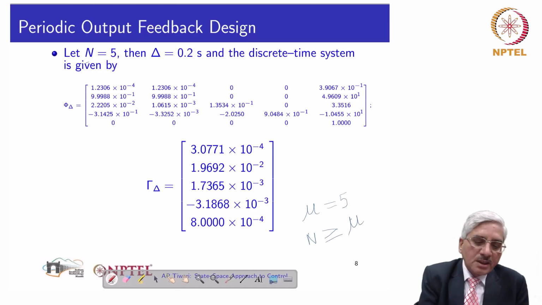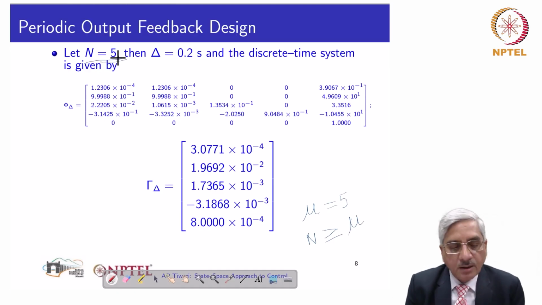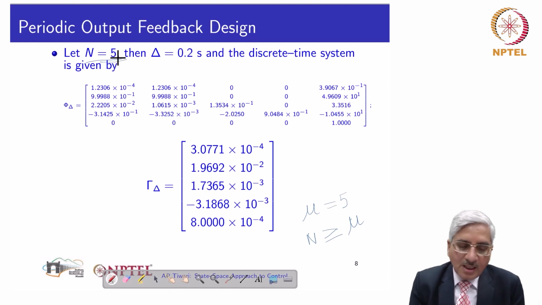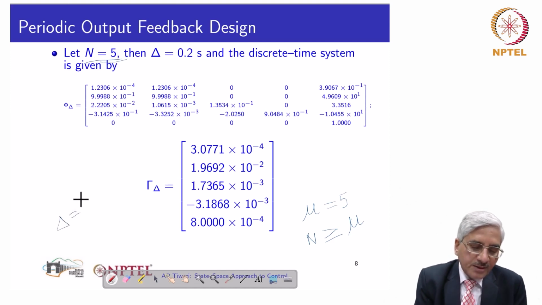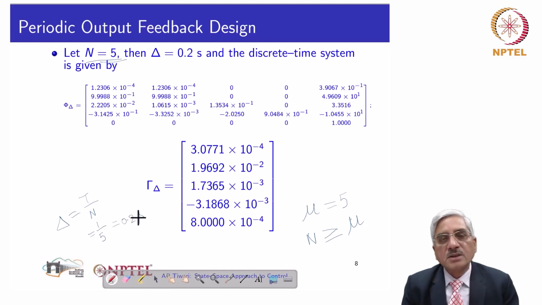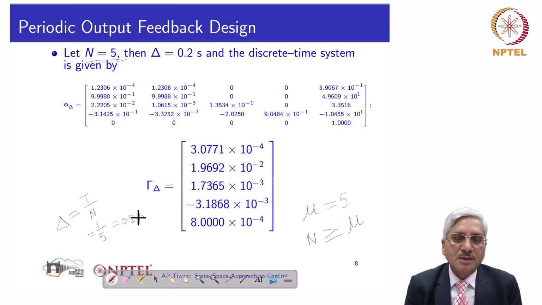So we first consider n equal to 5. And because delta is T by n, it is 1 by 5, and so it is 0.2 second. So there are 5 sub-intervals in one output sampling interval, and at these delta instants we will be updating the input to the system.